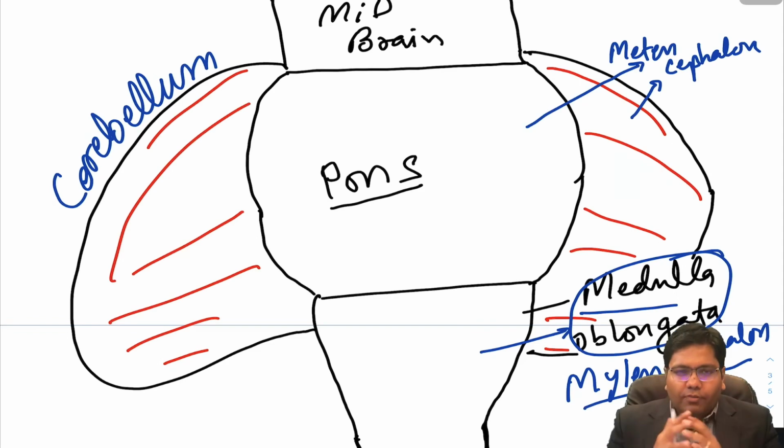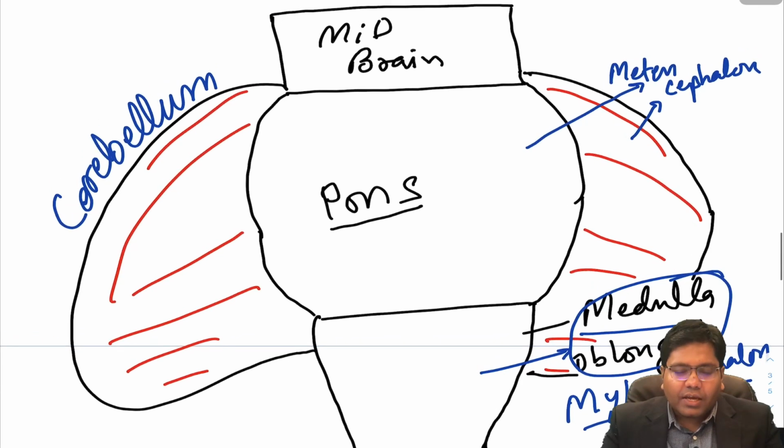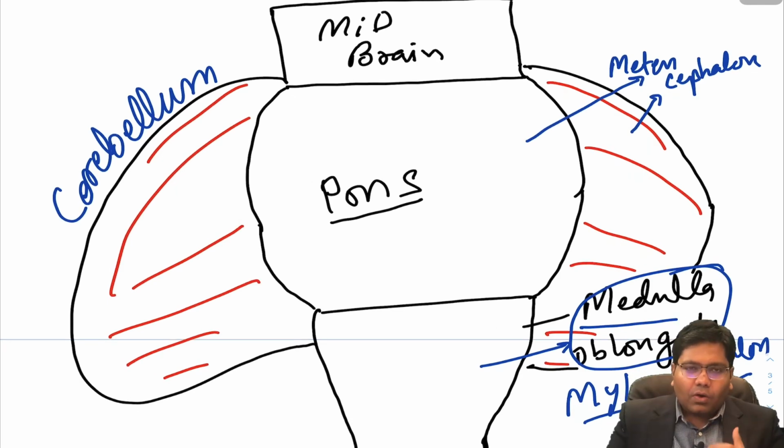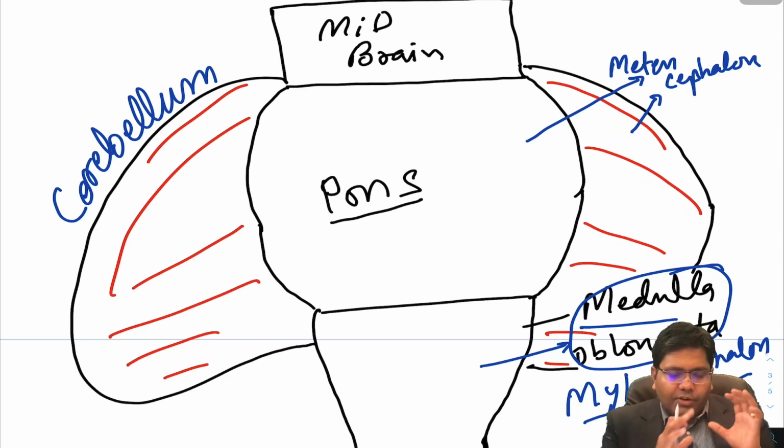There are a lot of things to talk about in the central nervous system, so let's move forward and try to understand those things. In this diagram you have seen that there are three things in the brainstem: midbrain, pons, and medulla oblongata. Now let us move to a new diagram from the lateral view.